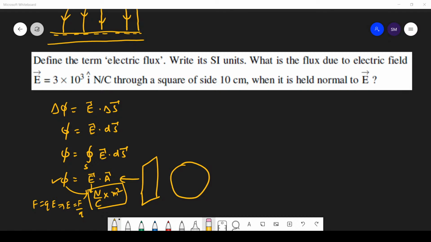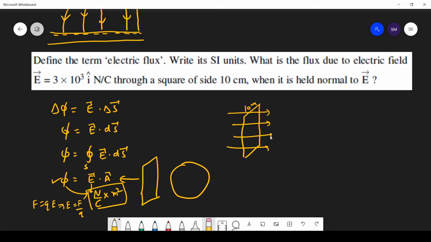Now we have this numerical. What is the flux due to the electric field through a square of side 10 centimeter when it is held normal to E? Normal to E, I have held a square whose side is 10 centimeters.